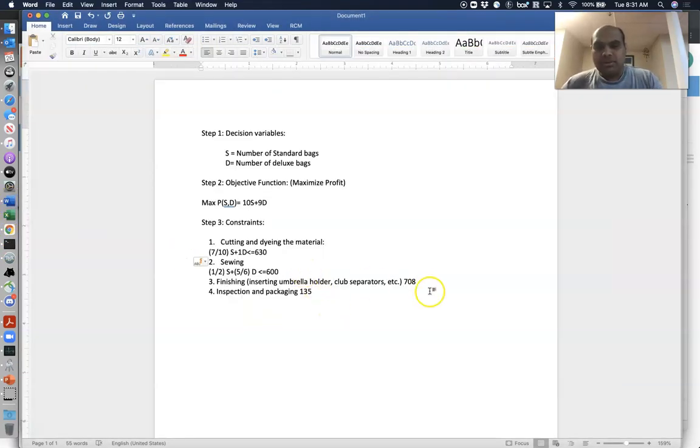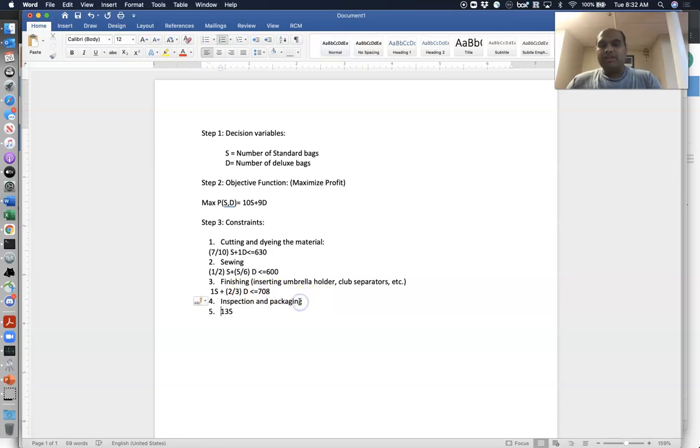So 1 hour for a standard bag plus 2/3 of an hour for a deluxe bag has to be less than or equal to 708 hours. So 1 times S plus 2/3 times D is less than or equal to 708.